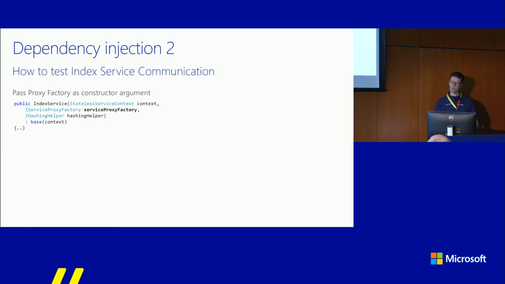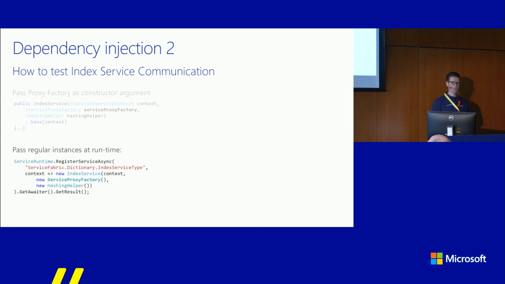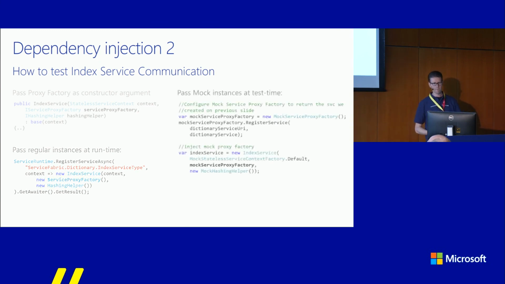But to create this proxy, there are two strategies. You can do that inline, or you can have a factory injected into your constructor, so you delegate that work. So again here, I'm creating my service. I'm passing the default instance service proxy factory here, so my runtime service will just use the default way of creating proxies.